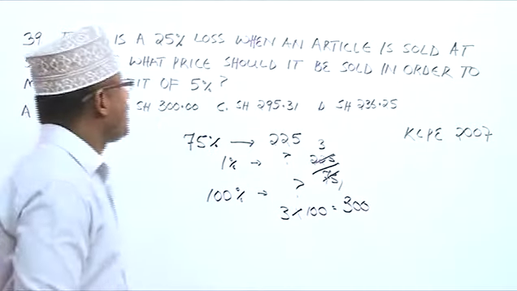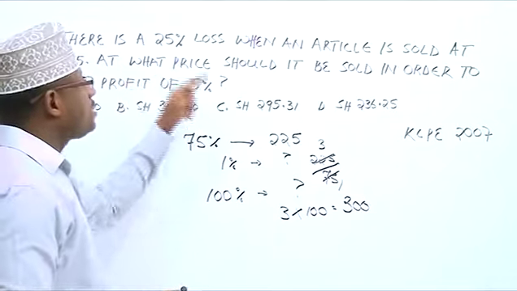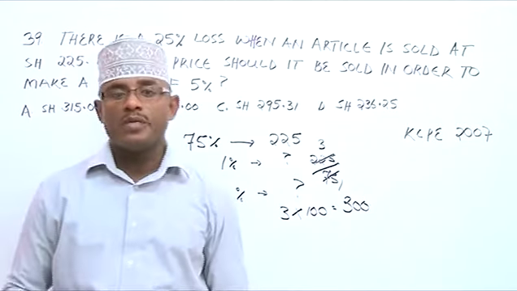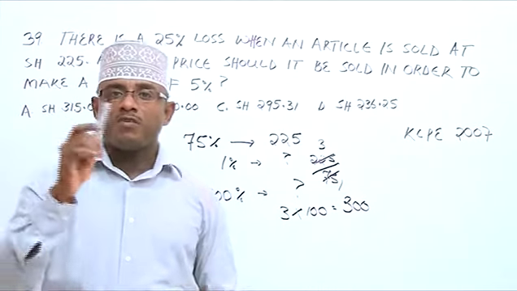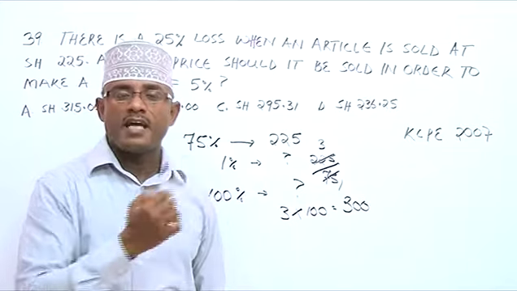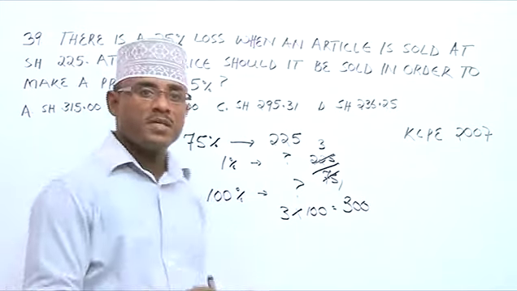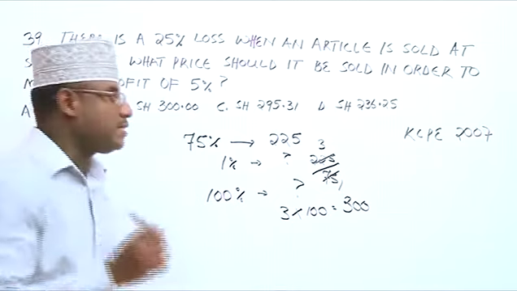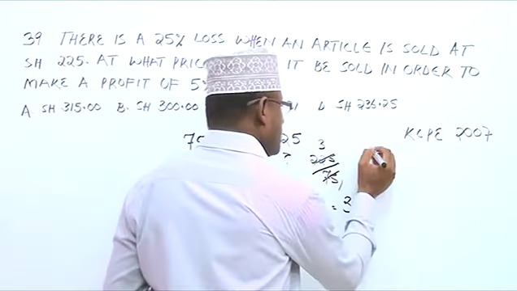Now the question is saying, at what price should it be sold in order to make a profit of 5%? So now we want to make a profit of 5%. So at what price should we sell this item? So let us get 5% of the buying price of the item. What is 5%?